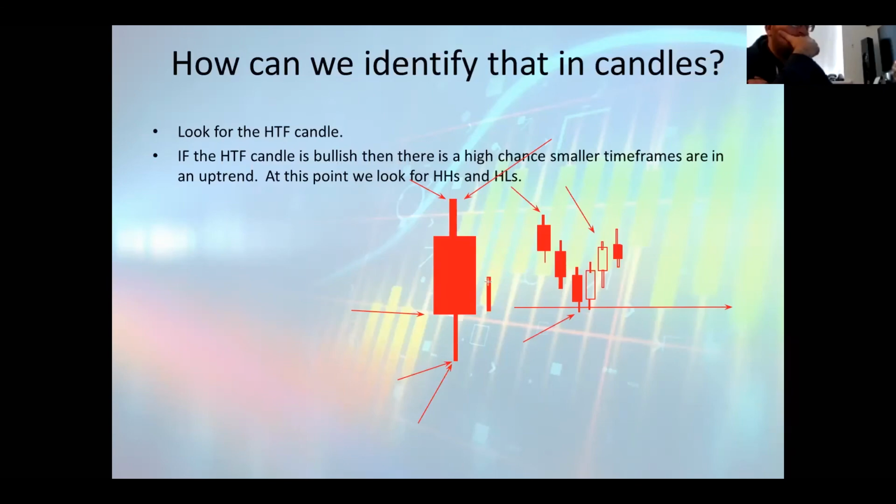Now, once you have a candle closing bearish and you're anticipating price to go down, what happens when price goes down? Candles make lower highs and lower lows. That's what candles do.